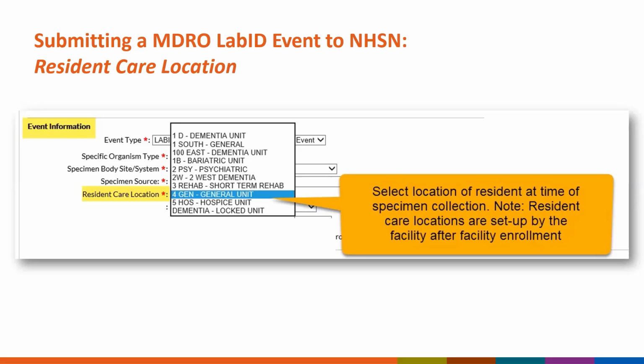By entering the resident care location, the facility is able to monitor trends in particular locations within the long-term care facility if they choose to do so. If the resident had a specimen collected in an outpatient setting and meets the previously discussed setting requirements, the selected resident care location should reflect the location of the resident immediately prior to leaving the long-term care facility to visit the outpatient setting.